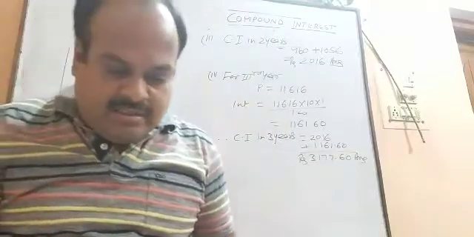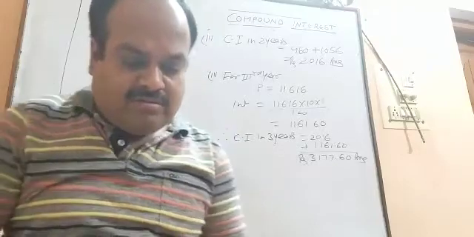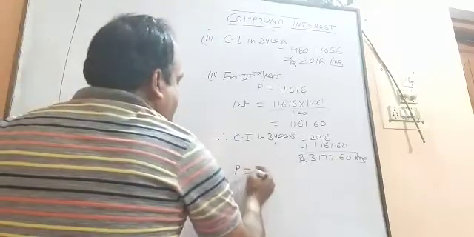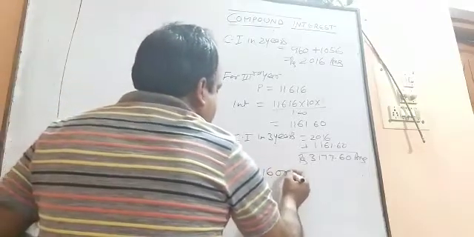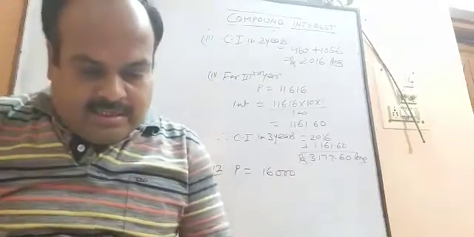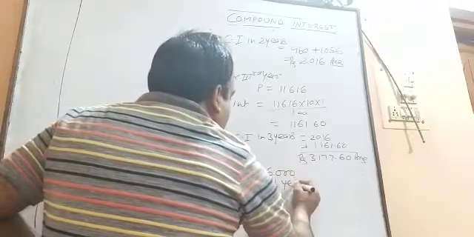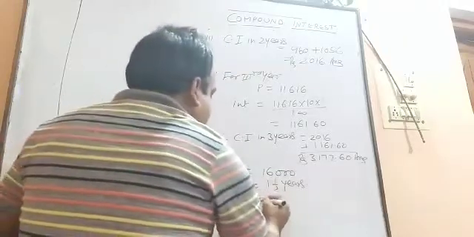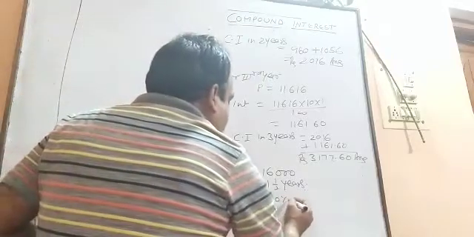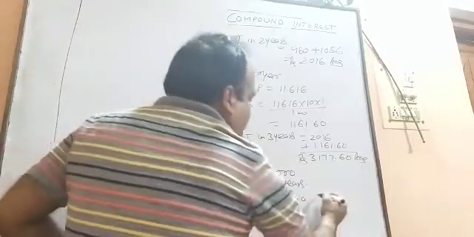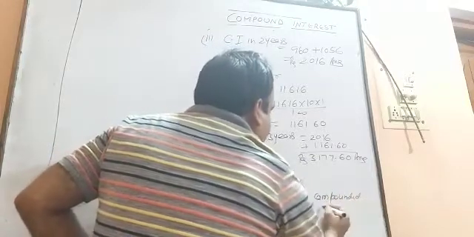Question number 12. Find the amount and the compound interest on 16,000. Principal is 16,000. The time is 1 and 1/2 years. Rate is 10% per annum, but compounded semi-annually.